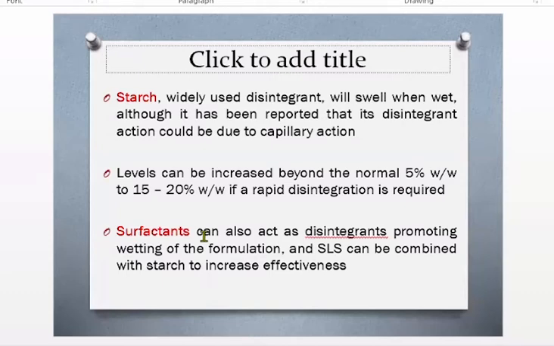Surfactants have also been used as disintegrants. Obviously, we know that surfactants promote wetting of the formulation. So that promotion of wetting results in disintegration of the tablet.